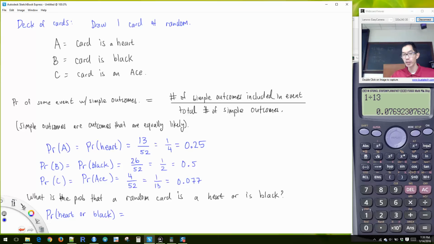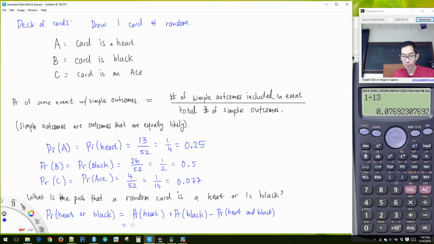Okay, and what do we have? Correct. So we have the probability that a card is heart or black. This would be the probability of heart plus the probability that the card is black minus any overlap, heart and black.